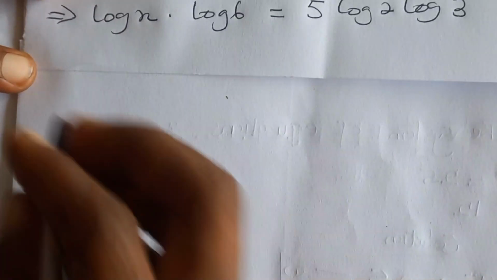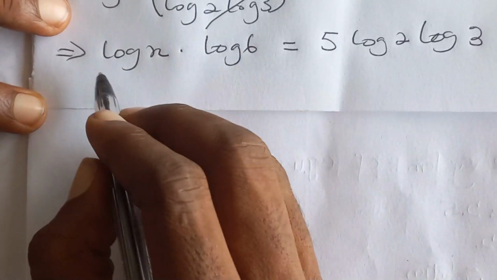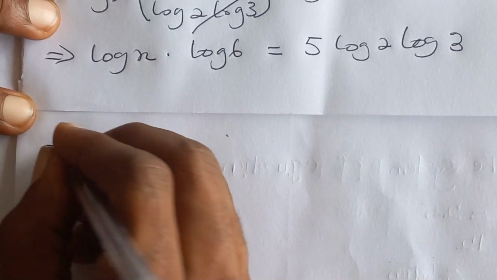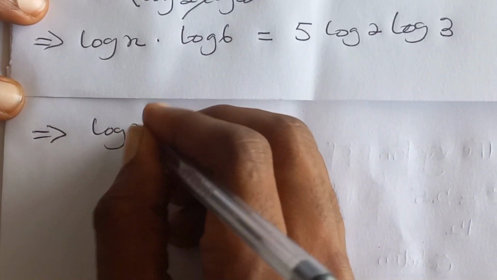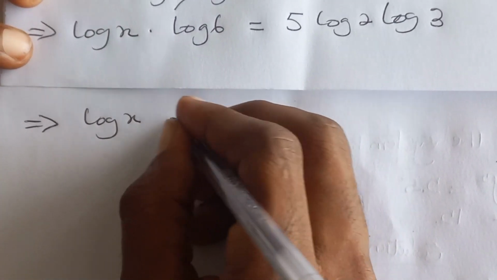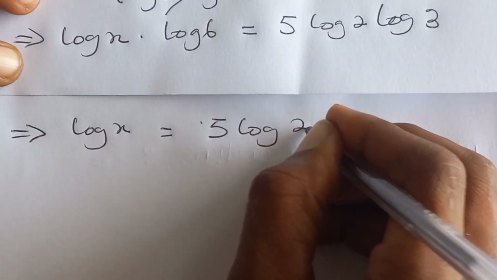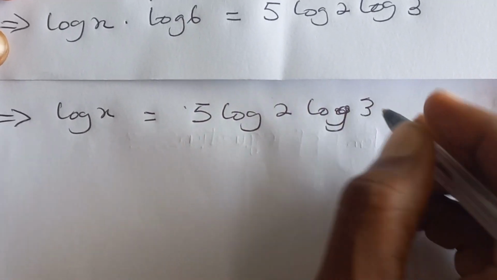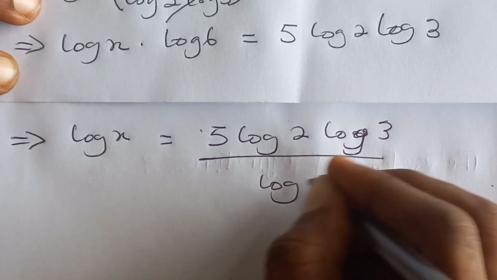Okay, so we can make log x the subject by dividing through by log 6. So we are going to get log x is equal to 5 log 2 log 3 on log 6.